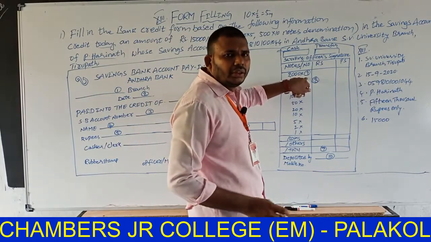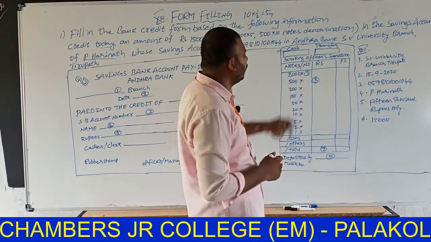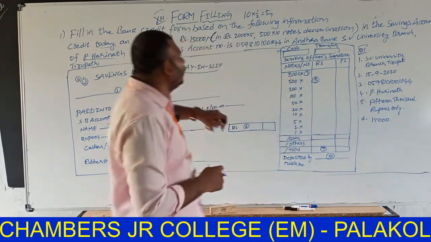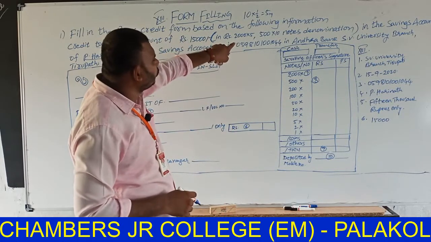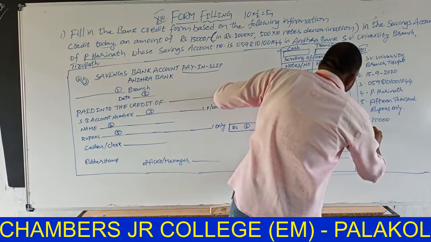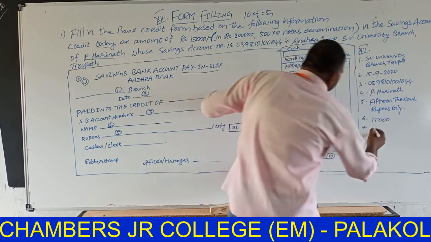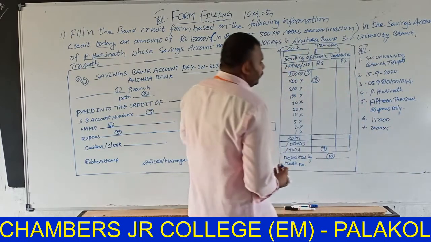Number 7 is given in the cash denomination table. Cash denomination table against 2,000. Already the denomination is mentioned in the bracket. How many 2,000 notes? As mentioned here, 5. So here, at the number 7, you need to write 2,000 into 5.